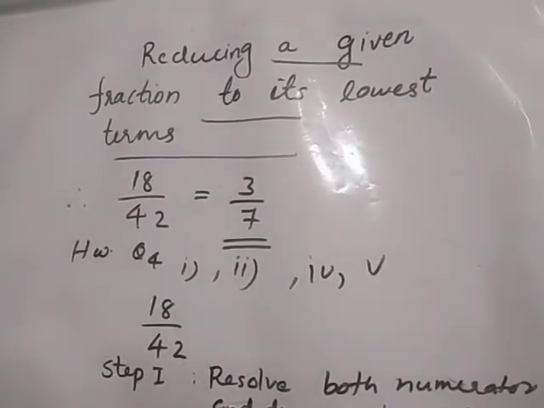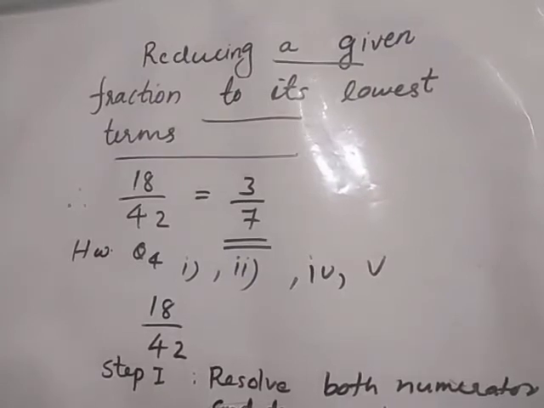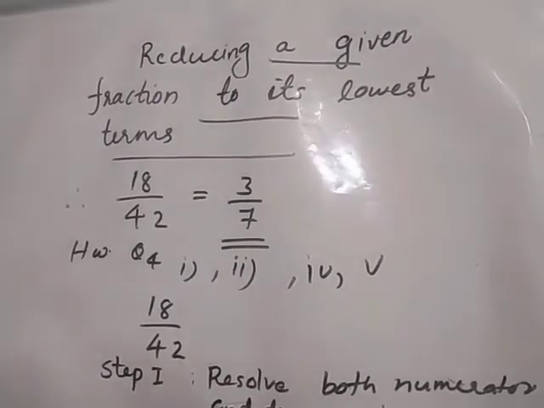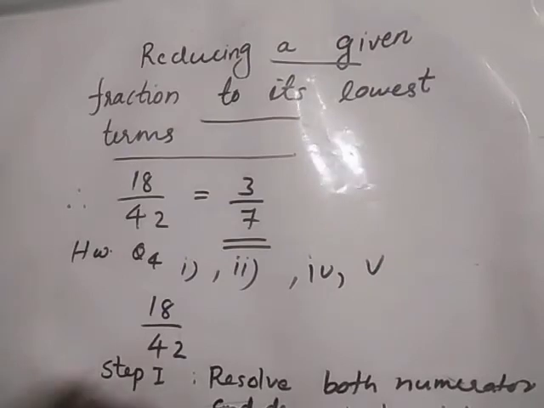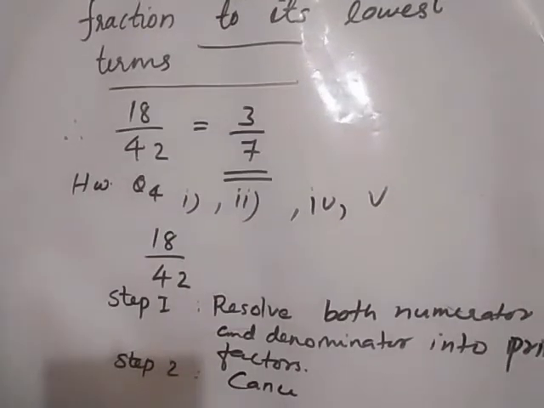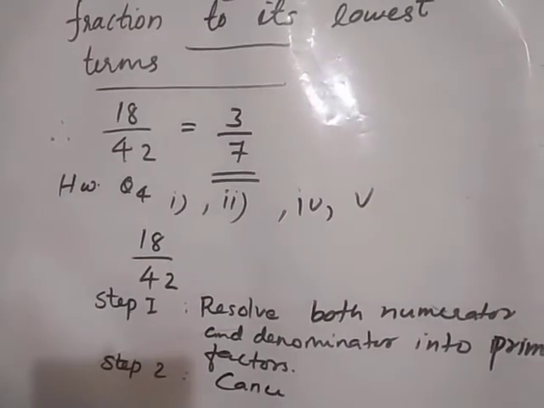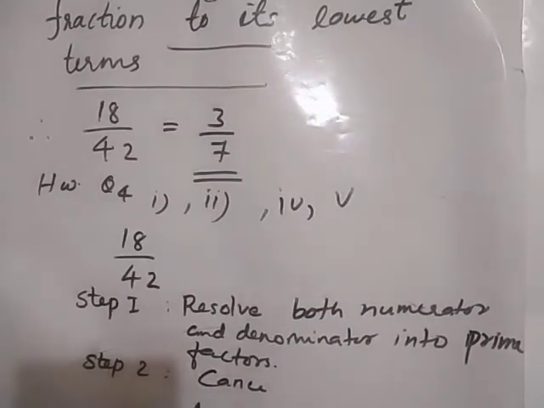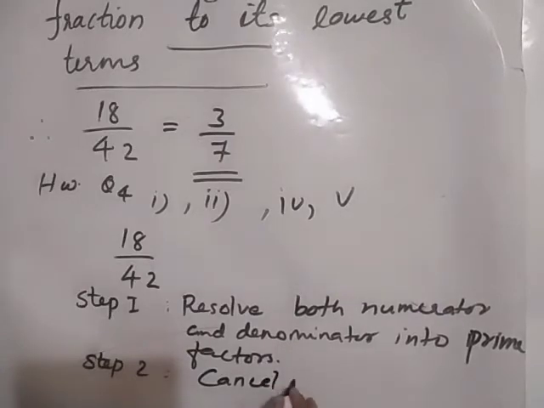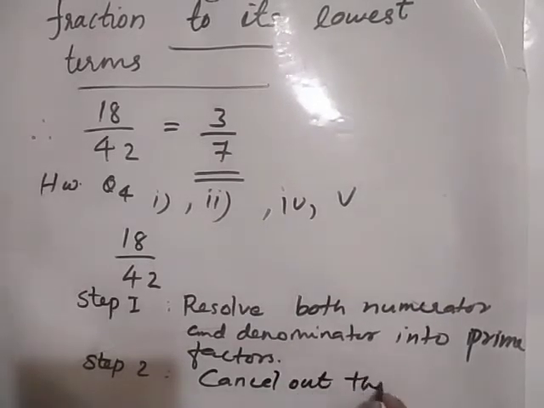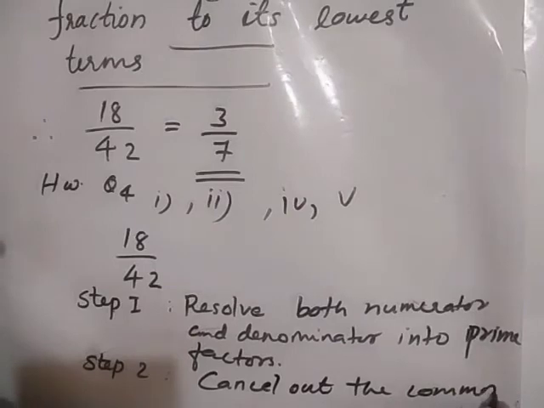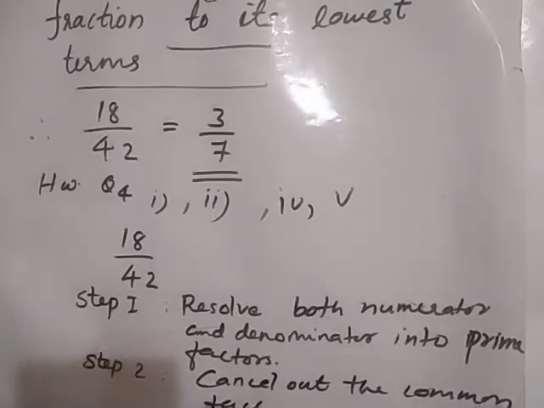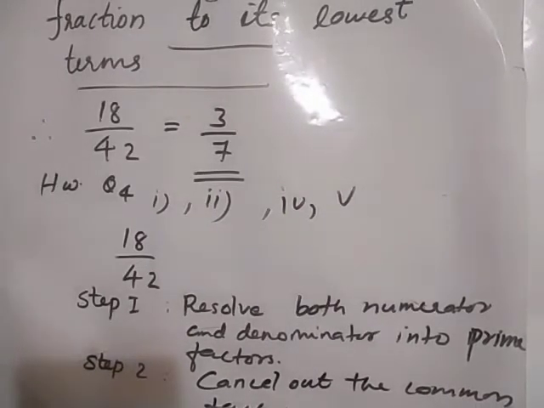Then cancel out the common factors among them. First we resolve both numerator and denominator into prime factors, then cancel out the common factors among them.